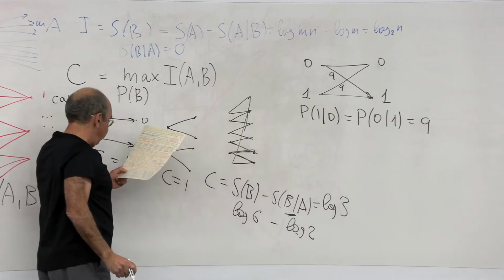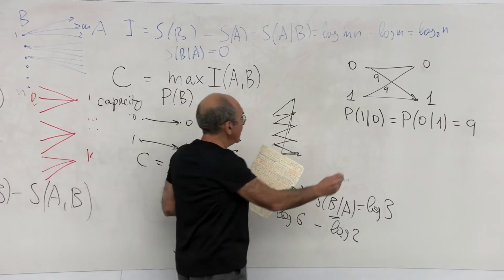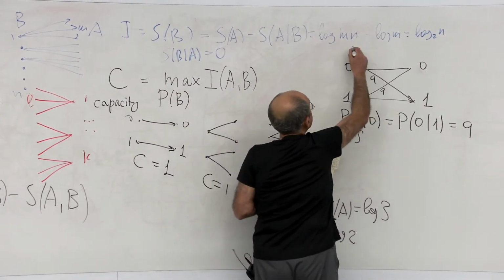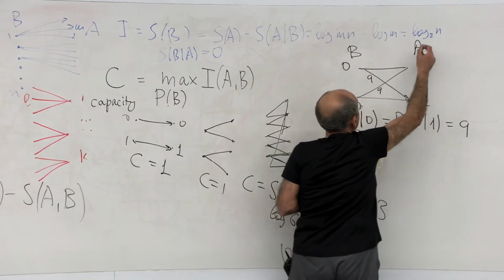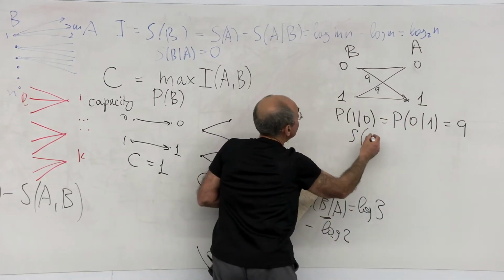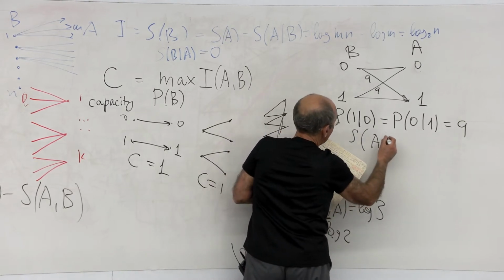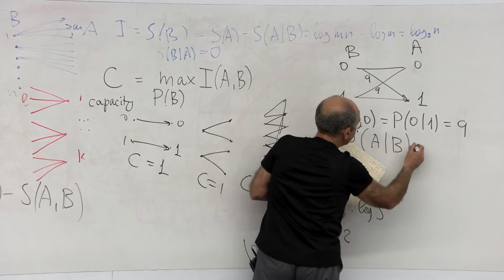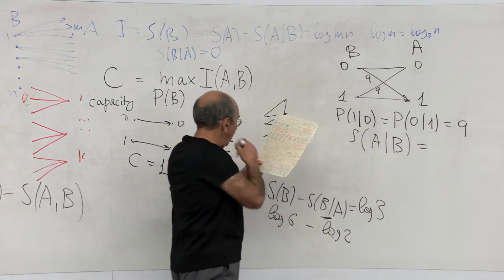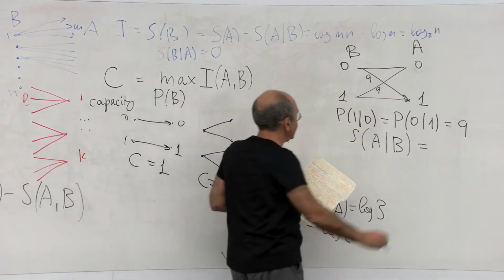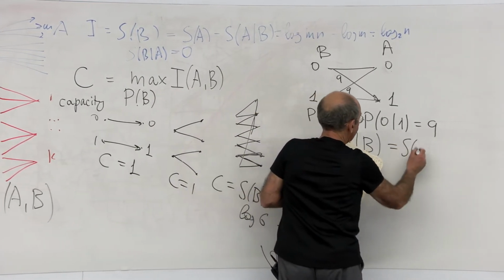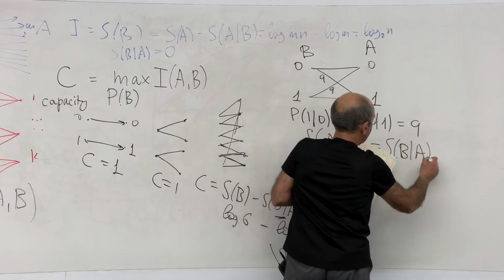Now, in this case, let's compute the conditional probability of A under the condition of B, which is the same as B under the condition of A.